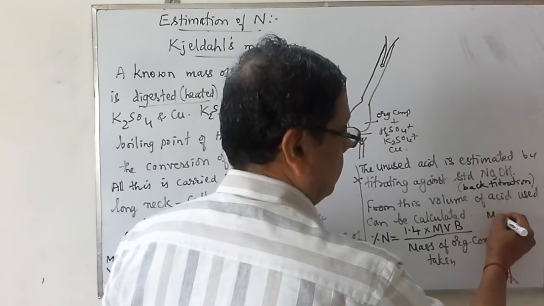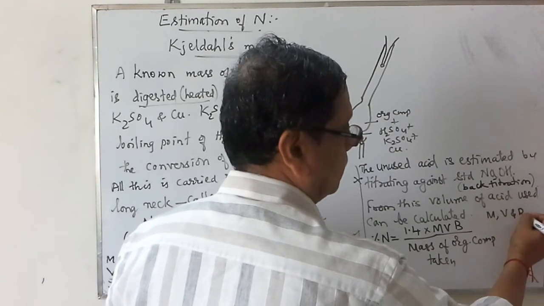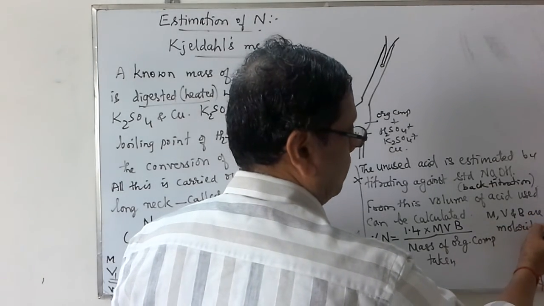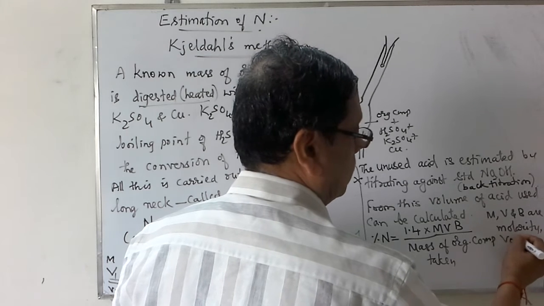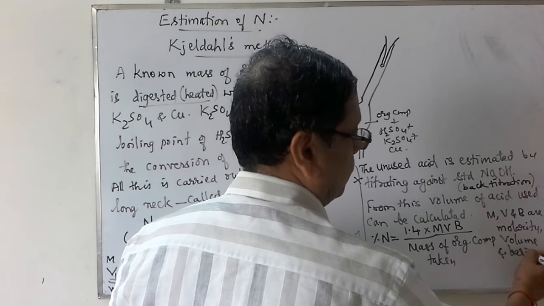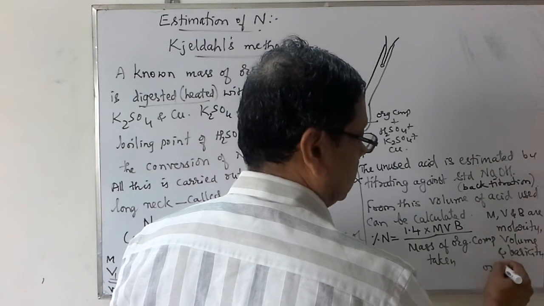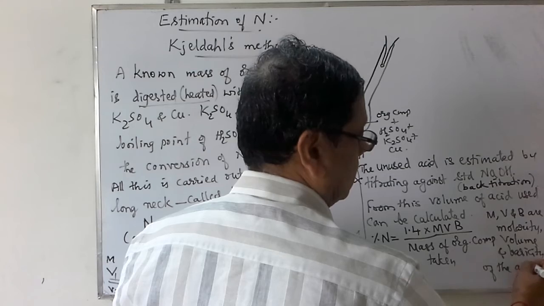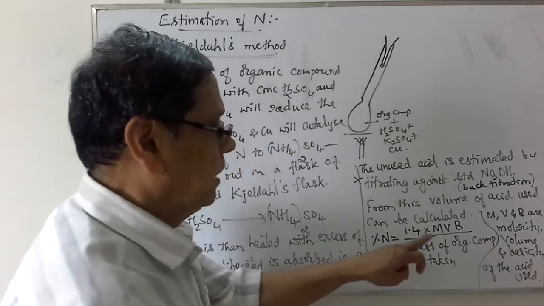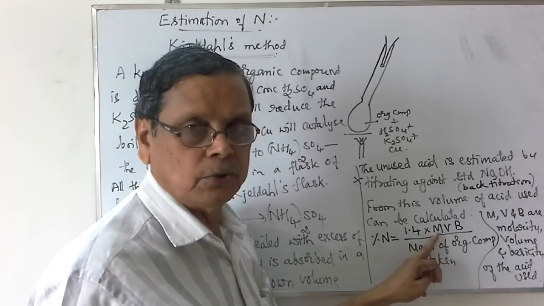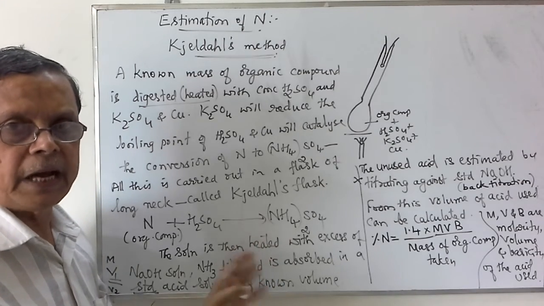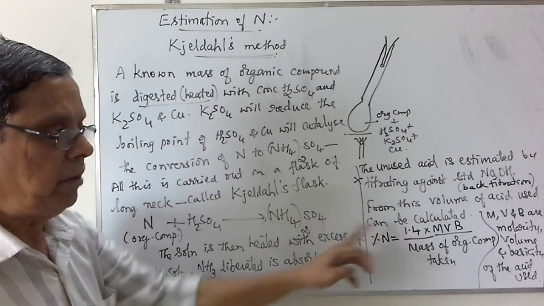Here M, V and B are the molarity, volume and basicity of the acid used. Remember, M stands for the molarity of the acid that is used. Suppose it is HCl, molarity and normality will be the same and basicity will be 1.